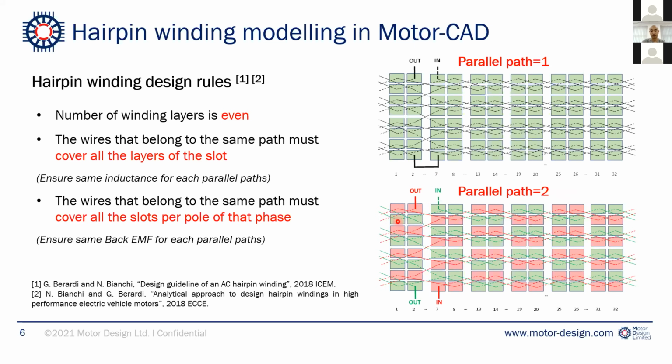Similarly for the green color, parallel path 2, we do the same to cover all the winding layers. Also for the slots per pole of one phase, we cover all these 2 slots per phase per pole to ensure there's no circulating current between parallel paths 1 and 2.